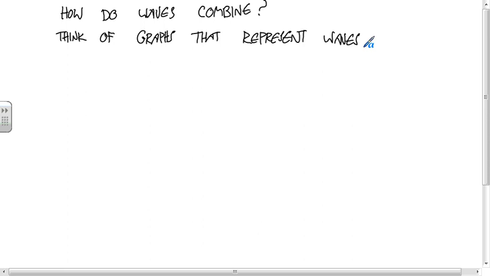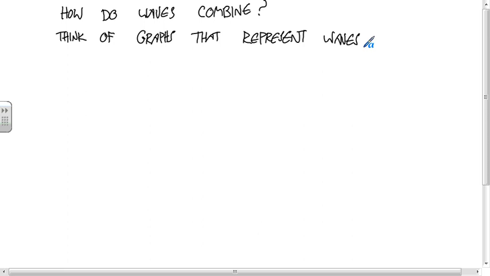With a wave, though, it's more complicated because you're not looking at a single point. You're looking at a line of infinitely many points, or even in 3D, you could be looking at a whole space of points. And so what do you choose to plot?